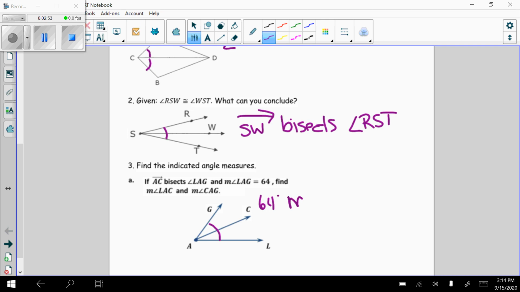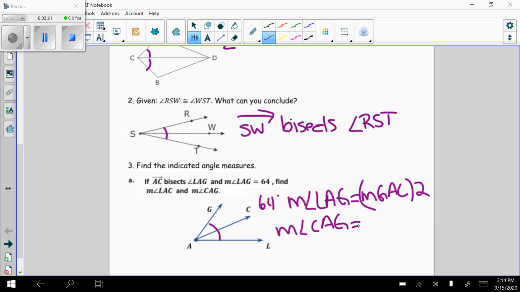So I know that the measure of angle LAG equals the measure of angle GAC times 2. Or I know that the measure of angle CAG equals half the measure of angle LAG.